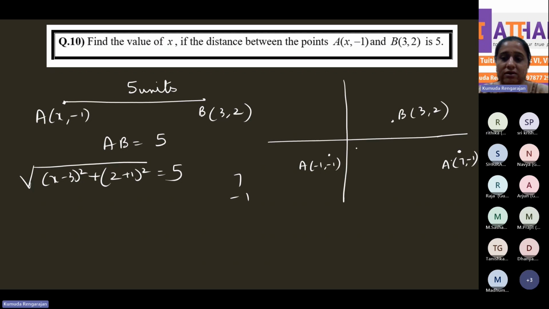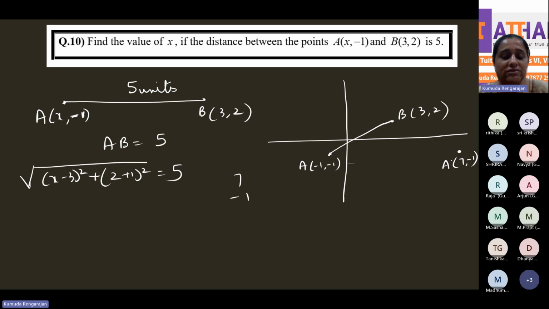That's because whether the point A is located here or here, the length of the line segment AB is the same, because this one is fixed. So you're getting two different values for x. -1 can be plotted anywhere here, like this.